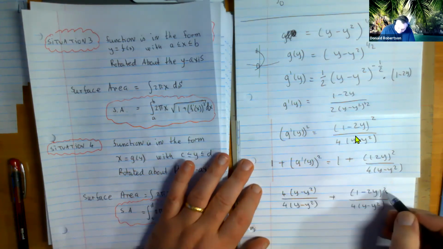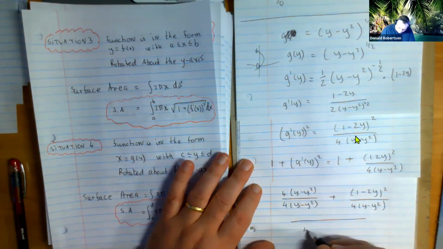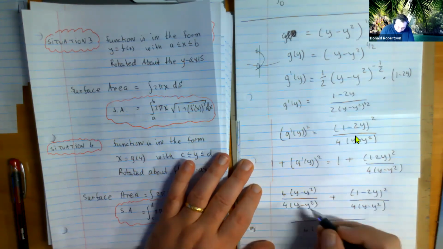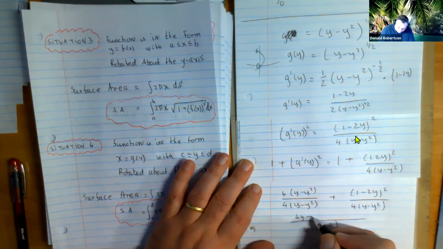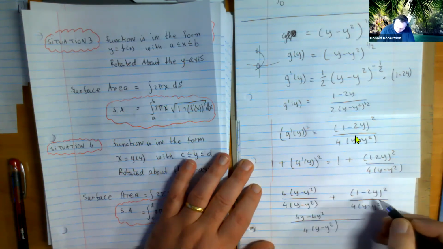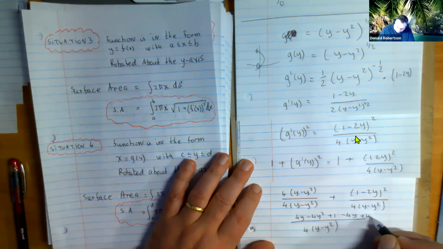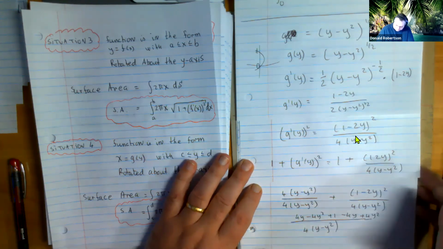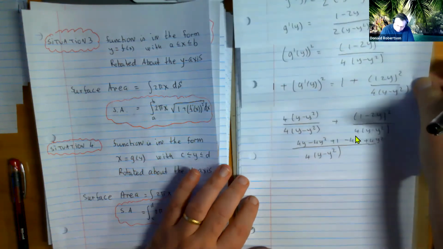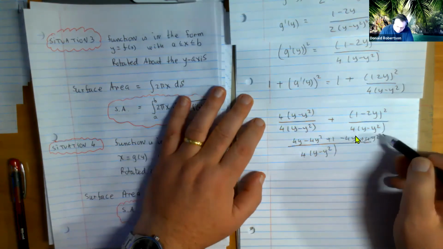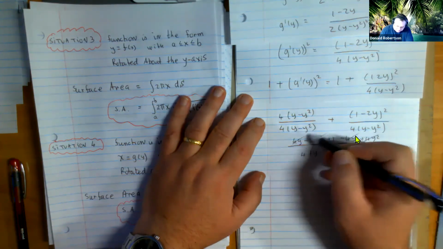Then I'm going to multiply all this out and see what we get. On the bottom, I'm going to get that. 4 times y squared. That guy gets you 1 minus 4y plus 4y squared. Do you see some really interesting carnage? Kill, kill, kill, kill.